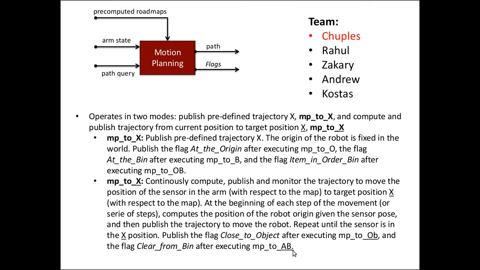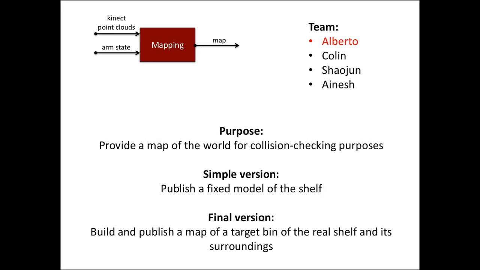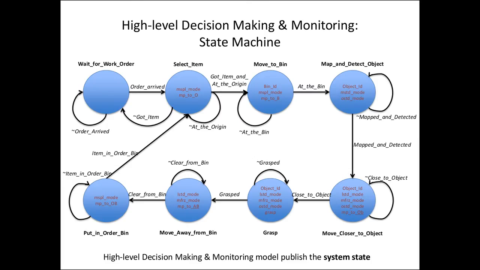So let's go back to the state machine to see how these variables are used. Let's say that we are in this state and the order has arrived. So I get to the select item stage. In this state, the motion planning model will receive this command, move to origin.